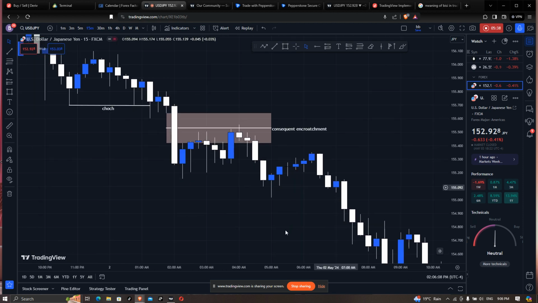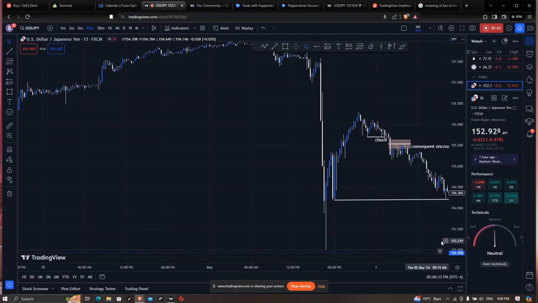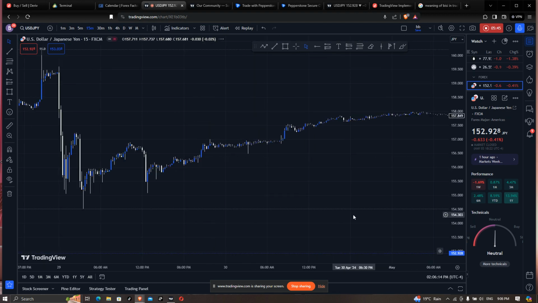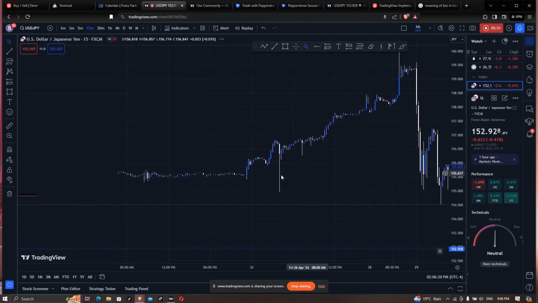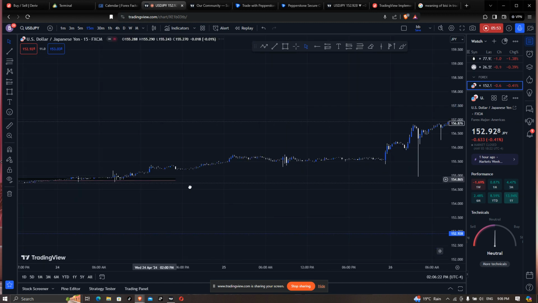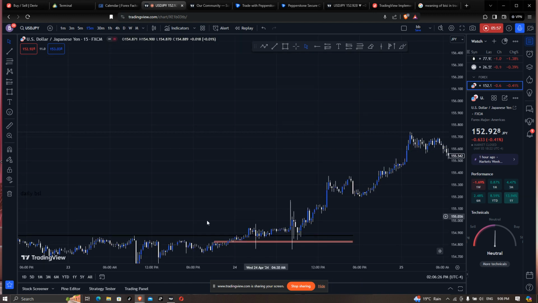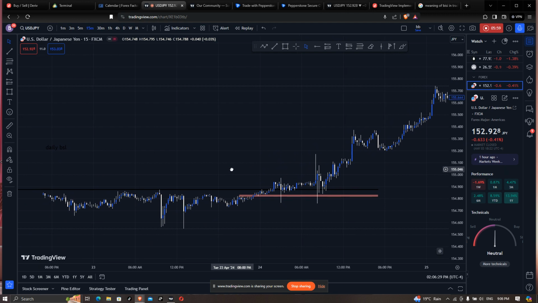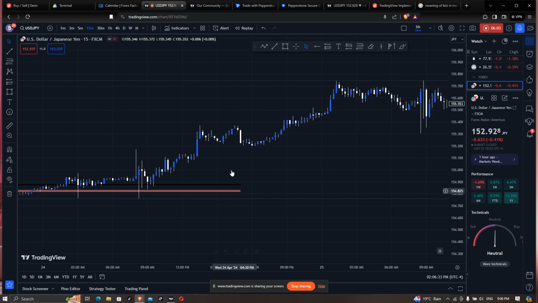Now, let's look for a bullish scenario. Now, in a bullish scenario, let's see. Let's look for one. We have one right here.